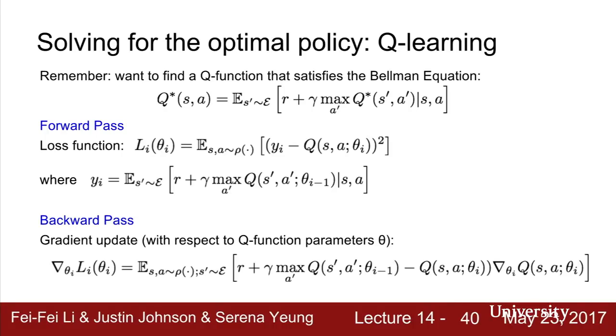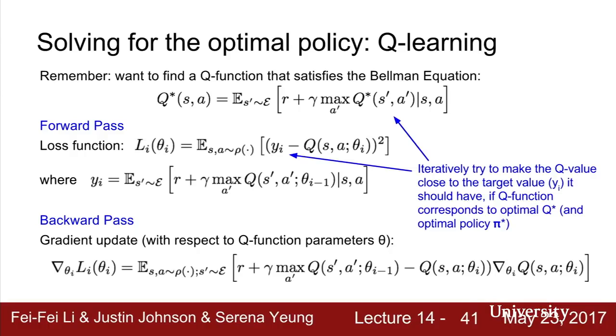We take forward passes of our loss function, trying to minimize this error, and our backward pass, the gradient update, is just the gradient of this loss with respect to our network parameters theta. Our goal is, as we take gradient steps, to iteratively make our Q function closer to our target value. So, any questions about this?